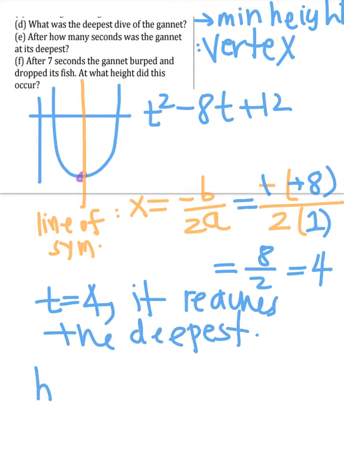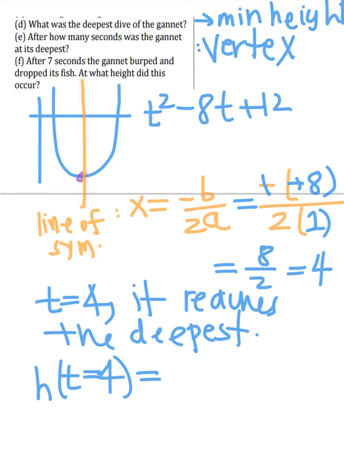So now we know the time. We're going to plug that in. What's the height at time 4? So we're going to plug this value t equals 4 into the original function, which is located here.